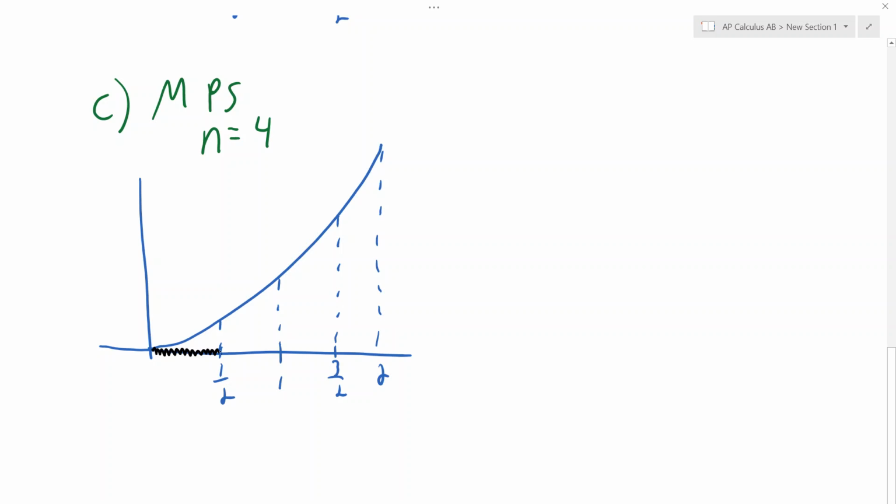But if I take the height in the middle, I need to find the y value at what x value? 0.25, a quarter, yeah. So that's right here. And then you draw a rectangle like that. The next rectangle is going to go from a half to 1, so still a base of a half, but now I'm taking the height at 3/4.